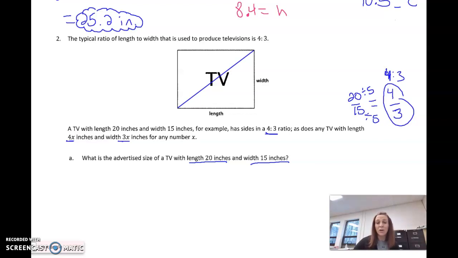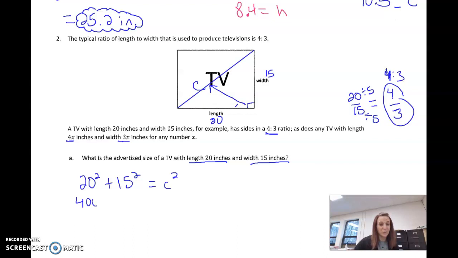Okay, so if we know our length here is 20 and our width is 15, and this has to be a right angle, right? Otherwise the TV is going to be kind of wonky. We can find out what C is using our Pythagorean theorem. 20 squared plus 15 squared equals C squared.